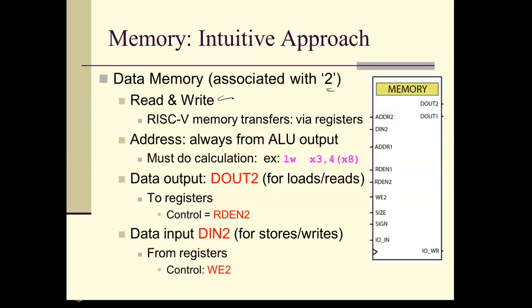If I'm writing to memory, I use a store instruction, and it comes from a register into memory. If I'm reading, that's a load instruction. It comes from memory and gets put into a register. That never changes. All the transfers to and from memory are via registers. Really carved in stone, never changes.